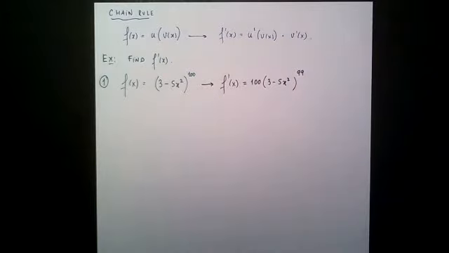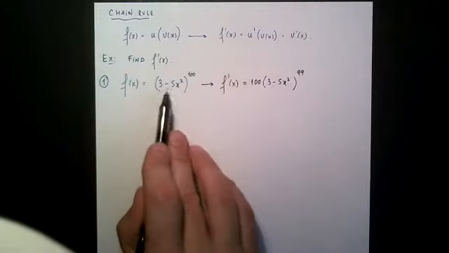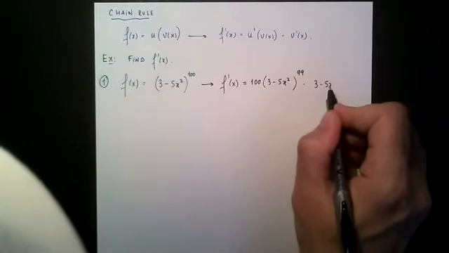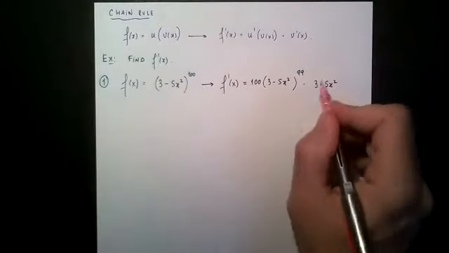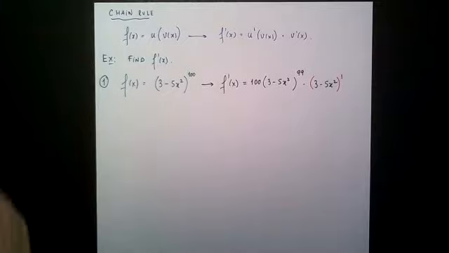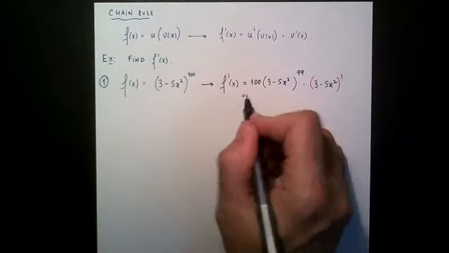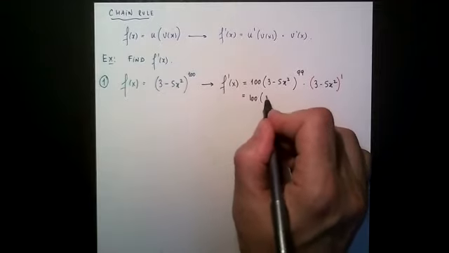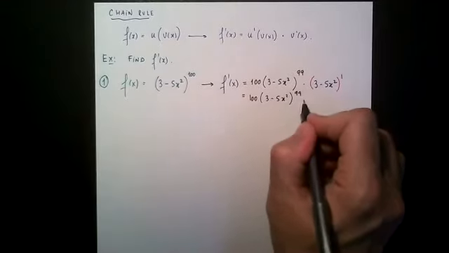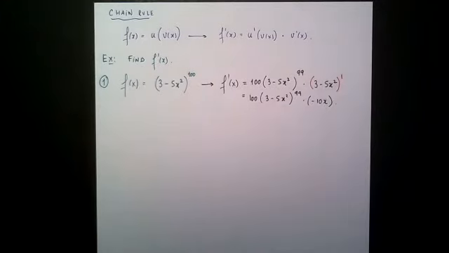That's the first step. But I have to multiply by the derivative of what's inside, (3 minus 5x²) prime. And that is 100 times (3 minus 5x²) to the power of 99 times, and now this I know how to do, negative 10x. And that's my answer.